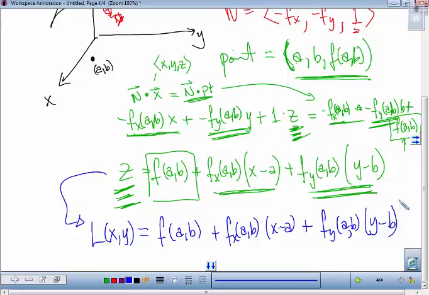Now, think back to Calc 1 or Calc 2 if you want to take a look at Taylor polynomials.